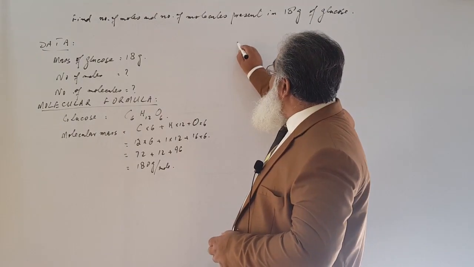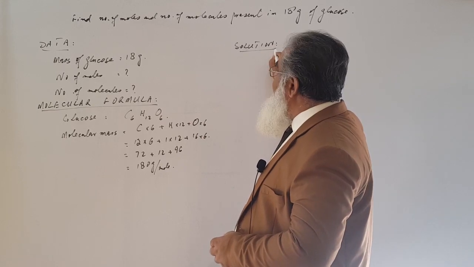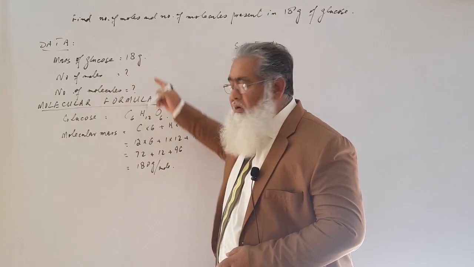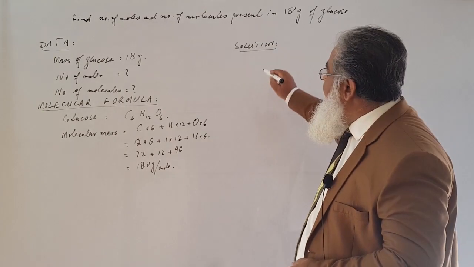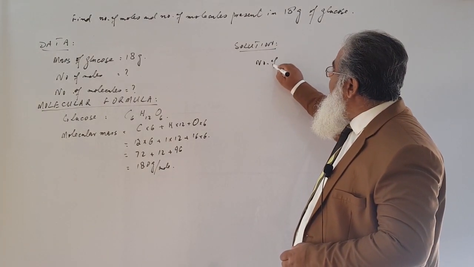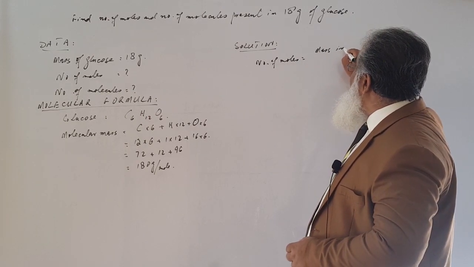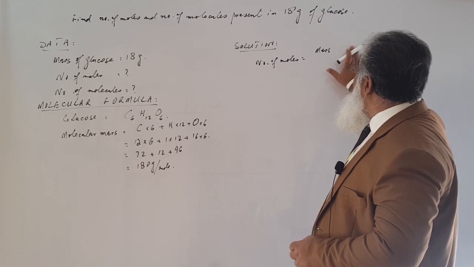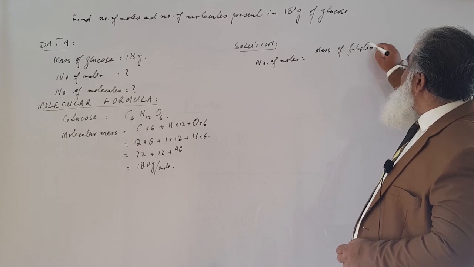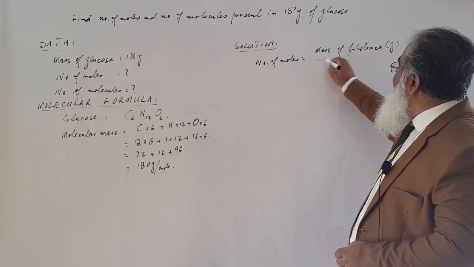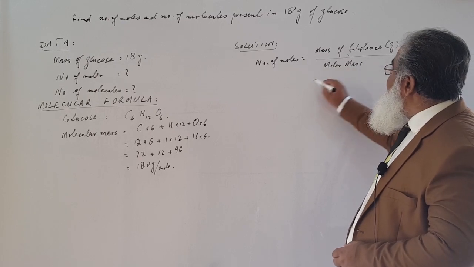Now we have to solve the numerical. Mass in grams is given, and the molar mass we have calculated, and hence we can find the number of moles by applying the formula: mass of substance, in grams, divided by molar mass.